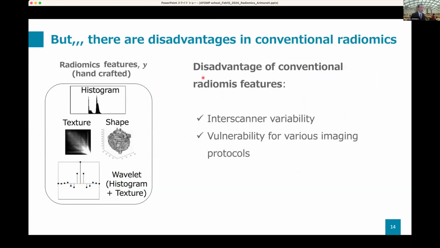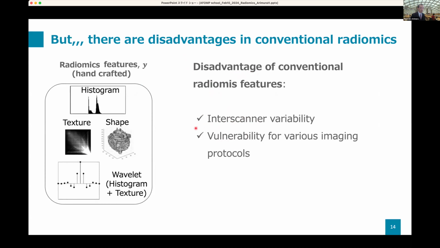And we have disadvantages in conventional radiomics. So these are disadvantages of conventional radiomics features. First, interscanner variability. And second, vulnerability to various imaging protocols or imaging scanners.